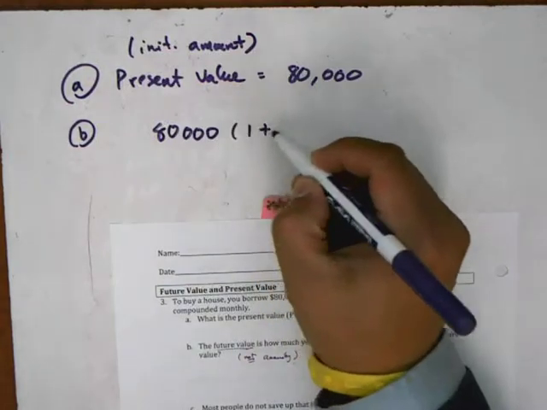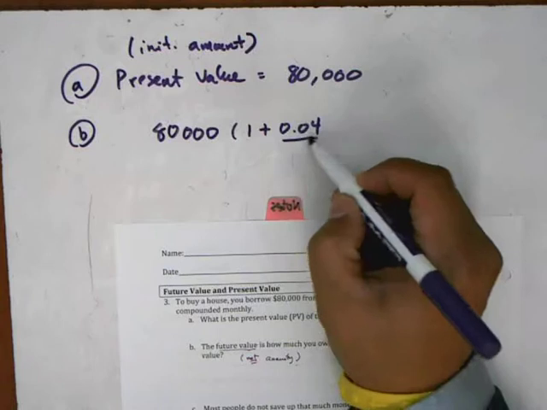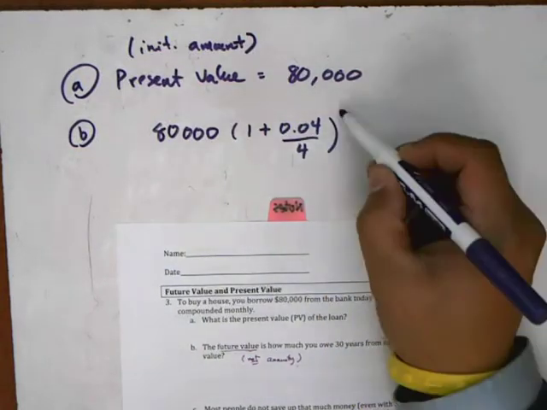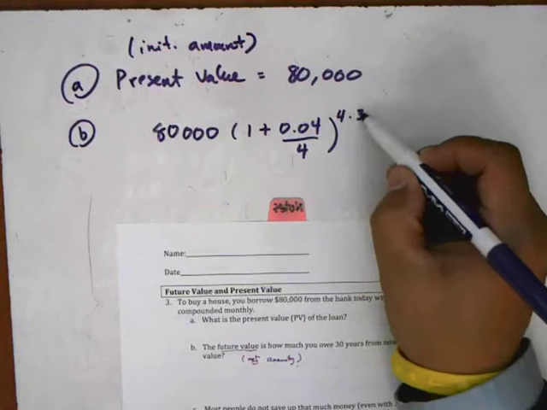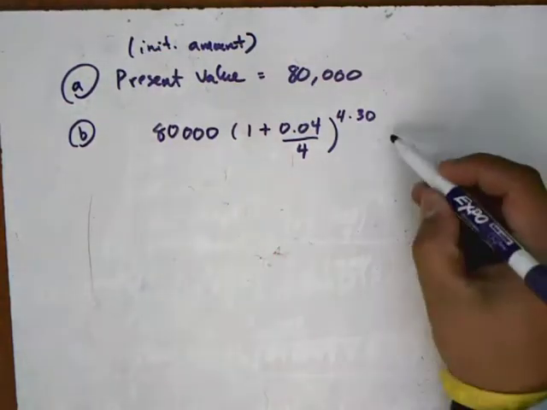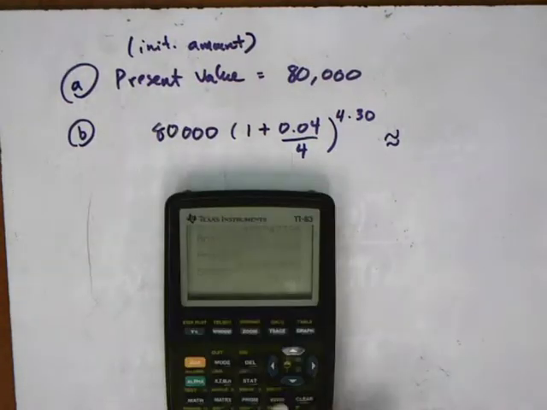It is a 4% interest rate. It is compounded quarterly, so we're dividing by 4, and it's 30 years, so 4 times a year for 30 years. And let's calculate this with your calculator and see the scary number that comes out when we see how much you actually owe.